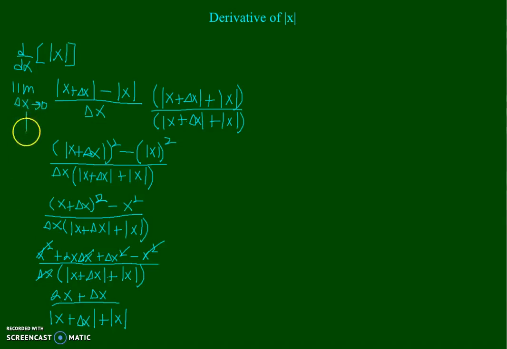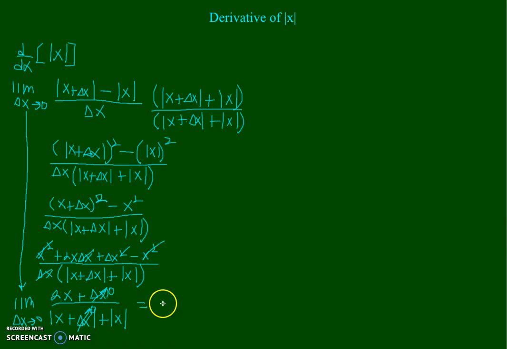Okay, so let's continue this limit all the way down here, and we're actually going to take the limit right now. The limit as delta x approaches 0 of this quantity: this delta x goes to 0, and this delta x goes to 0.